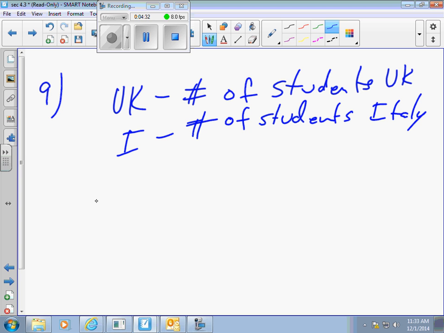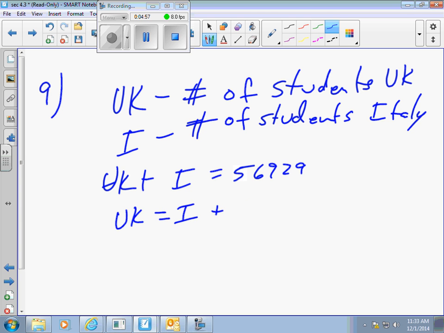And it says a total of the number of students from the UK plus Italy totals 56,929. If 7,213 more students studied in UK than Italy, well, then I would know that UK is equal to Italy plus 7,213.